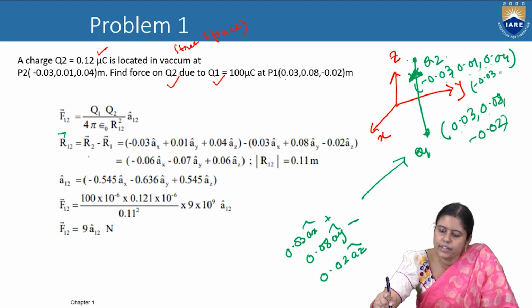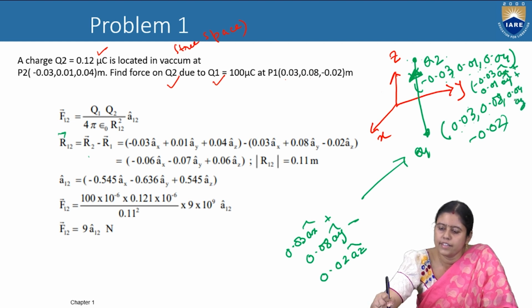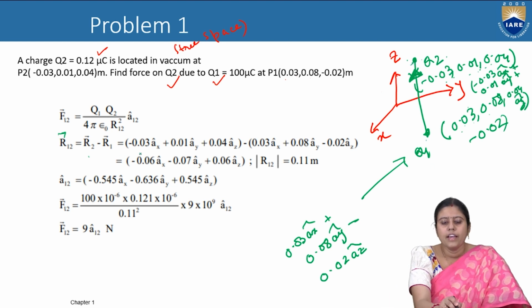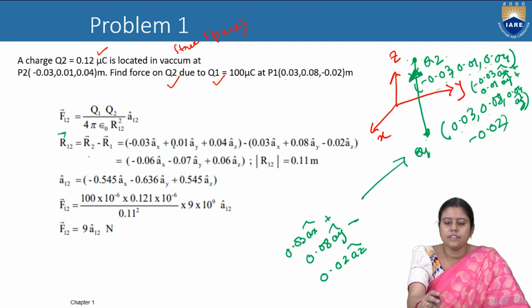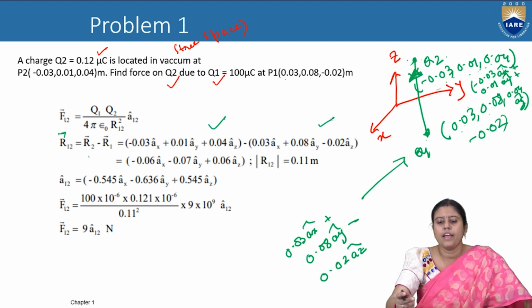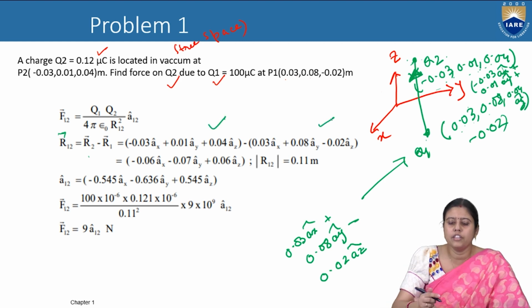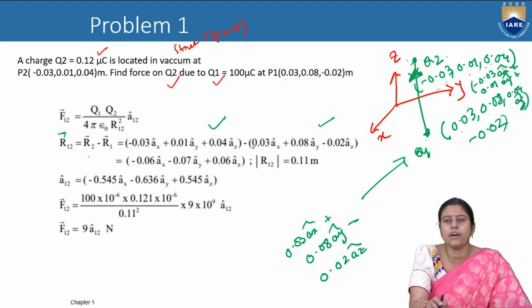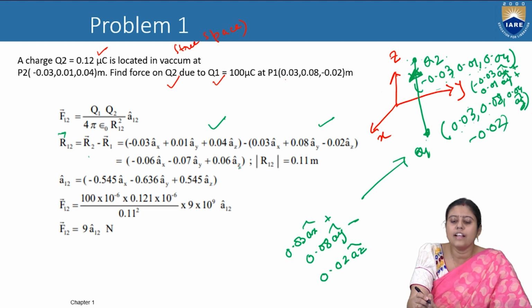So end point minus starting point, and if we write the value, it is coming minus 0.06 ax minus 0.07 ay plus 0.06 az. So what is the length of the line?